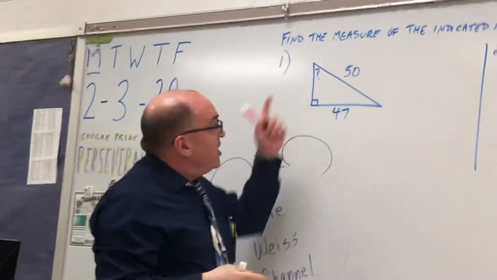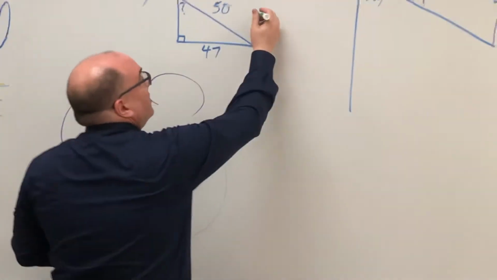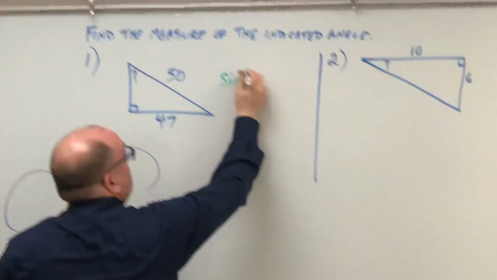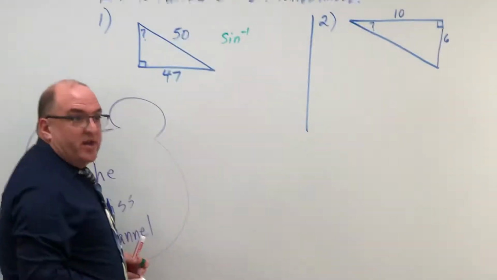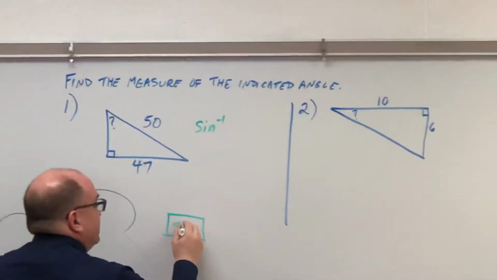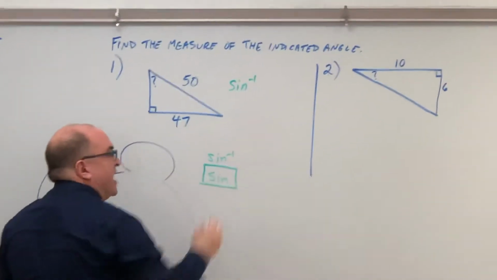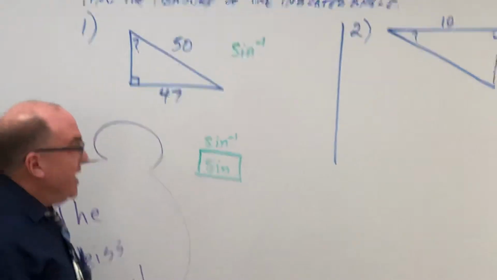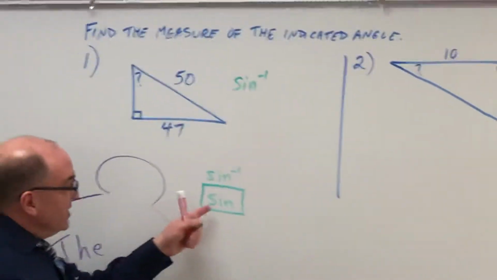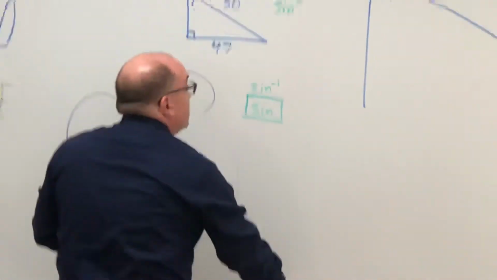So now, because we're going backwards and finding the angle, we're going to use what's called inverse sine. We're going to say inverse sine, which is sine -1. And on your calculator, if this is the sine key, right above it, you're going to find sine to the -1. That's inverse sine. So you'll have to hit shift sine in order to get inverse sine.